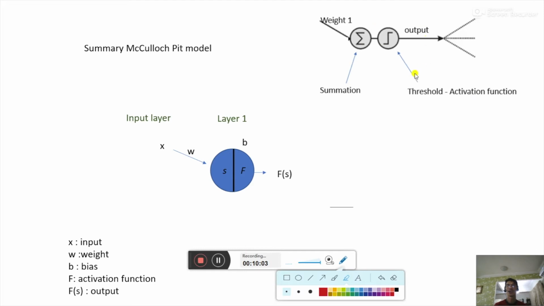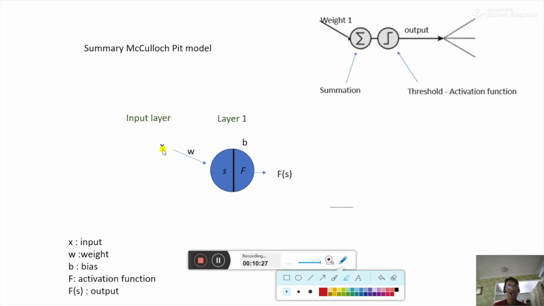So this is one neuron. This is the dendrite from another neuron. They pass over the signal. So this dendrite, in other words, is an axon.